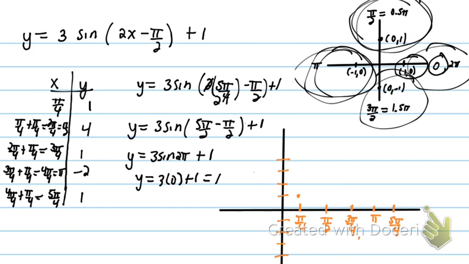Pi over 2 we had 4. 3 pi over 4 we had 1. At pi, what did we have? Negative 2. So right now we're looking like this. And then 5 pi over 4, we were back at 1. Does everybody see it?